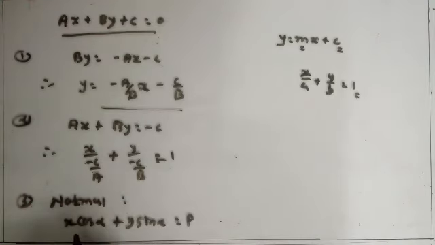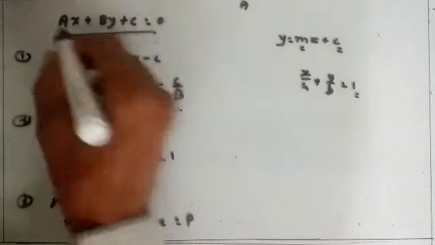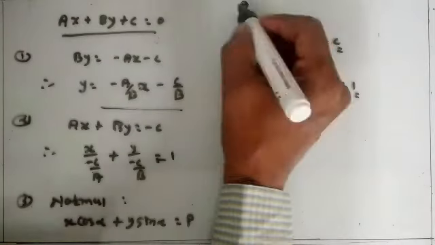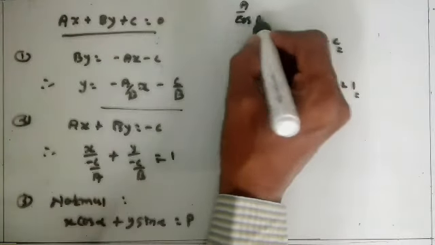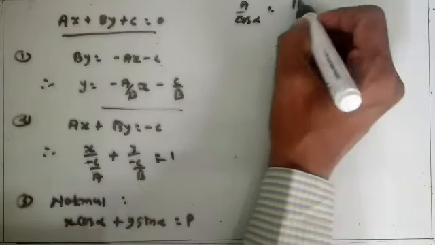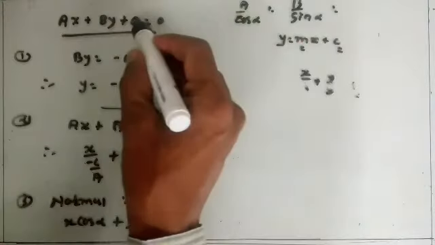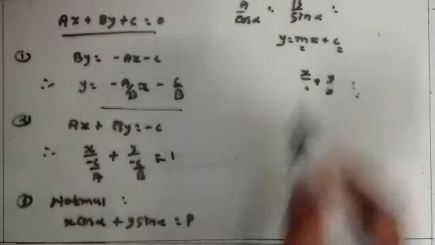To get the normal form, take c to this side and compare the coefficients of x, y and the constant. Here we get a/cos alpha = b/sin alpha = -c/p.